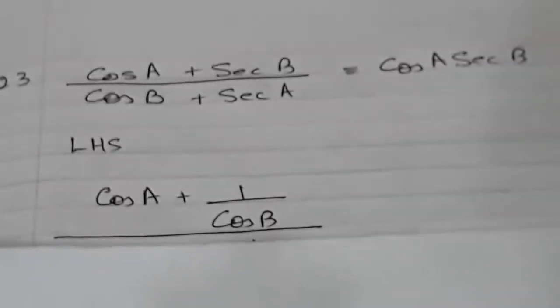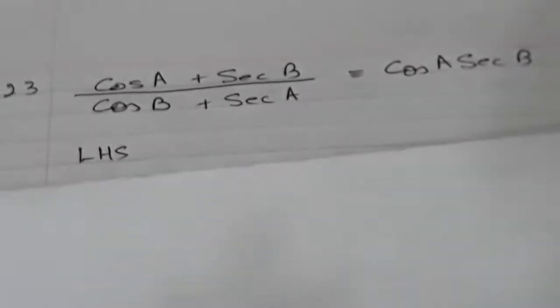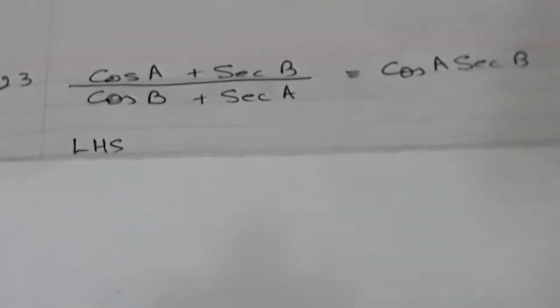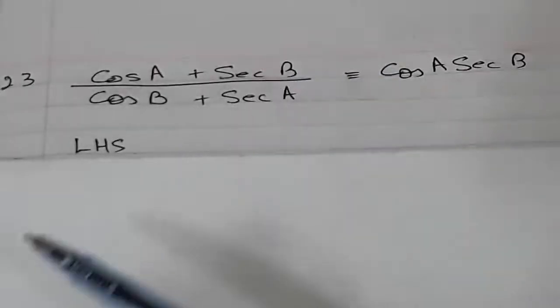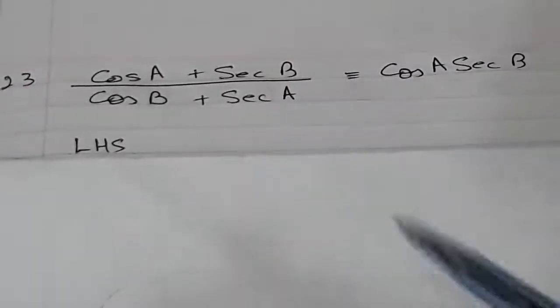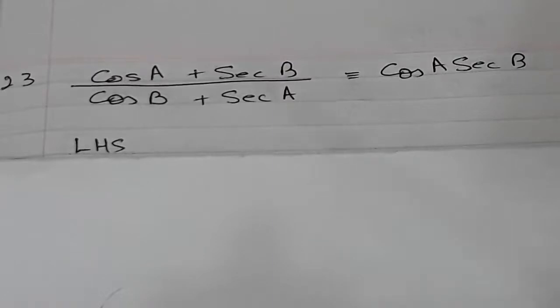Now the last identity for today's video, which is number 23. In number 23, again I am taking the left hand side. So what comes to your mind? You see there are 2 sec, and we have just solved in a few previous cases. When it is sec, we can write 1 over cos.